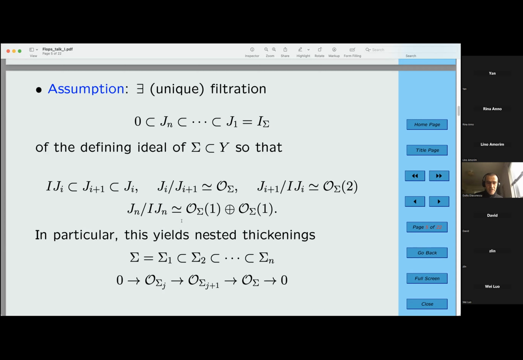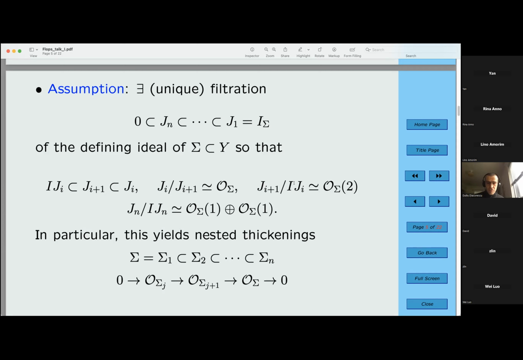So the bottom line is that the geometric intuition will require me to think about these nested thickenings, because that's something concrete and geometric, but it's much better to define the width through a filtration on the defining ideal. So there is a filtration of length n of the defining ideal satisfying certain conditions, which I'm not going to try to explain for now.